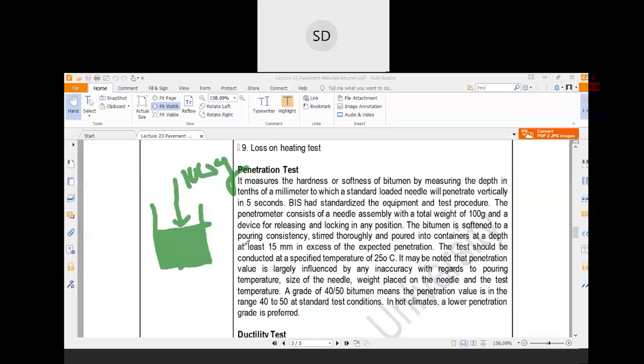With the help of this penetration test, we actually get to know the grade of the bitumen.